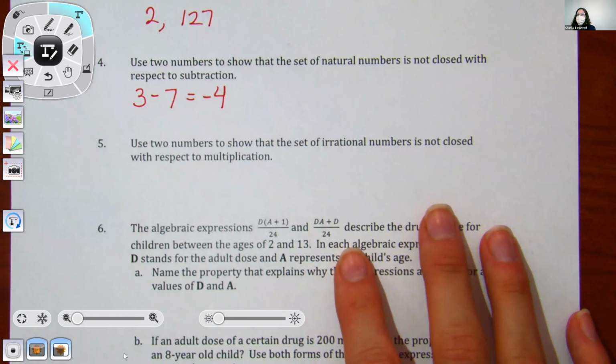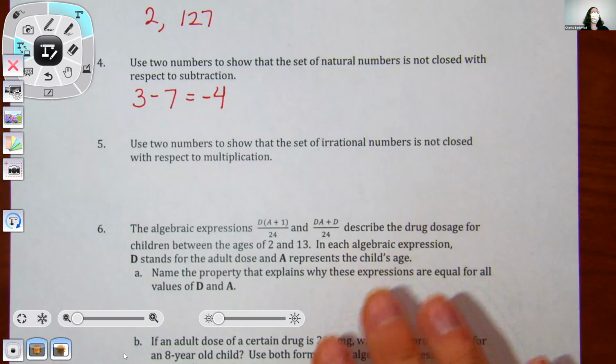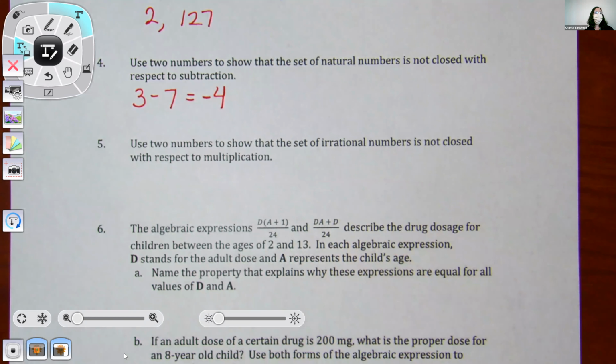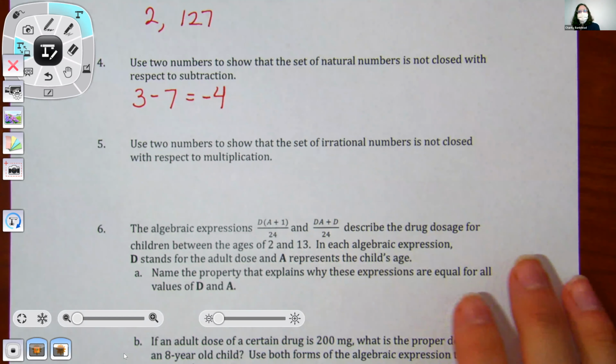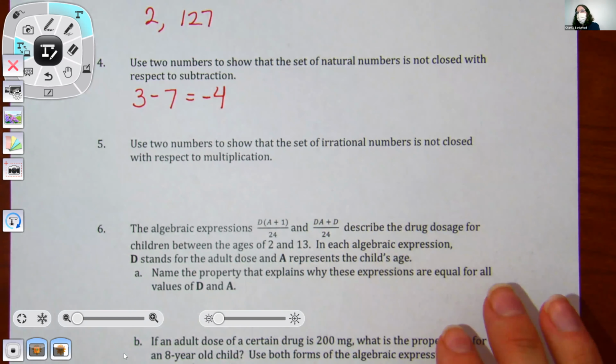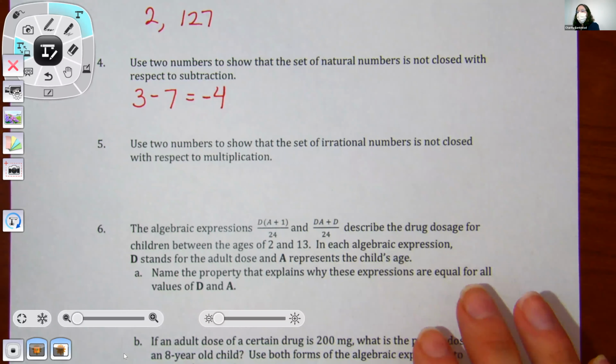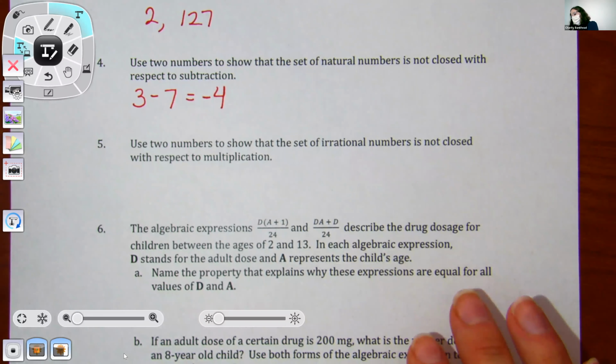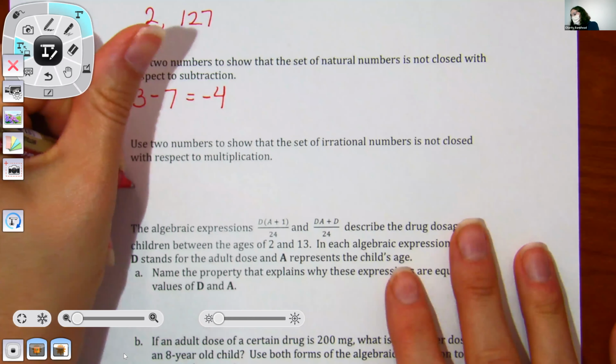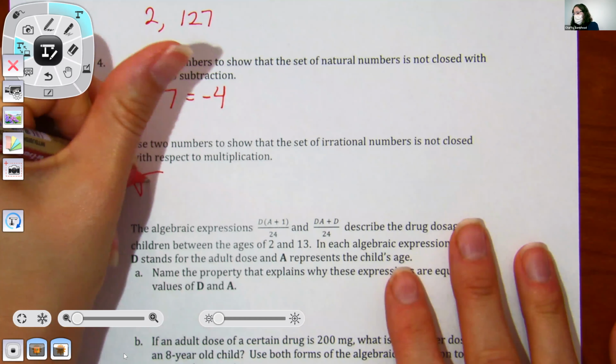Well, irrational, remember. What kind of numbers are irrational? Right, like the square root of 3 would be an example. So the square root of 3 is an example of an irrational number.